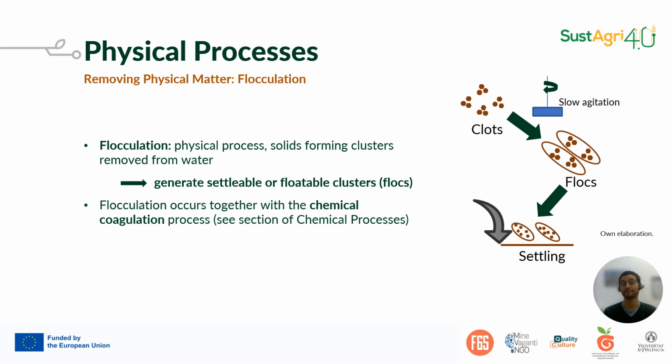Flocculation is a physical process through which, thanks to slow agitation, particles that do not settle easily collide and form larger aggregates that facilitate settling, making it easier to remove them from the water. This physical process is combined with another chemical process called coagulation, which we'll describe later.